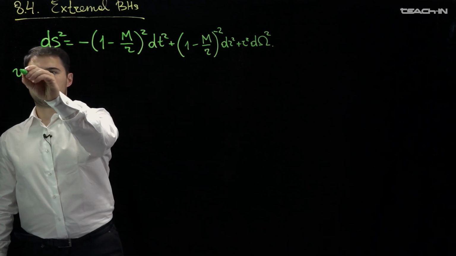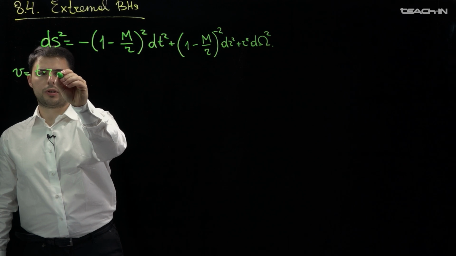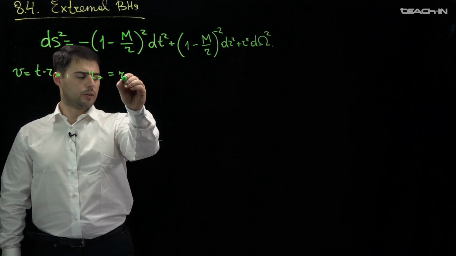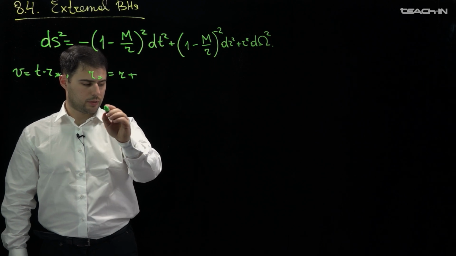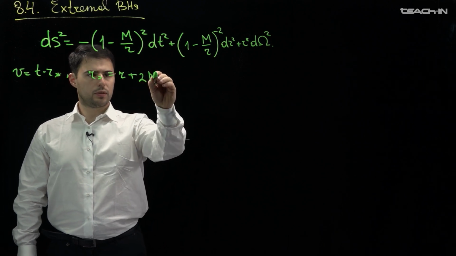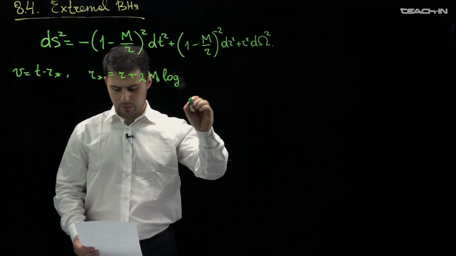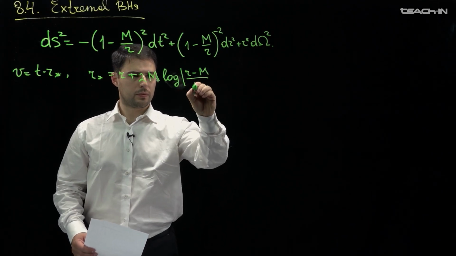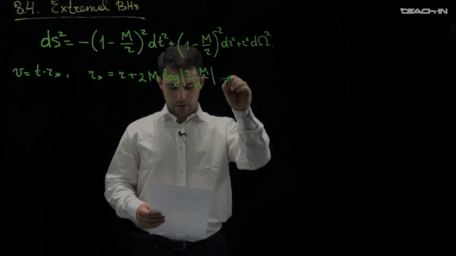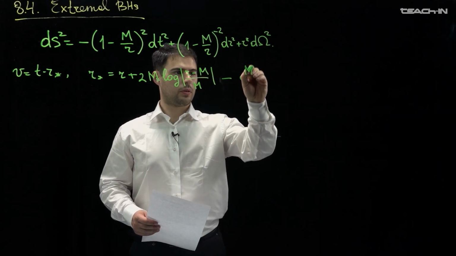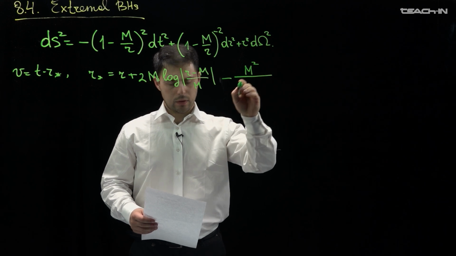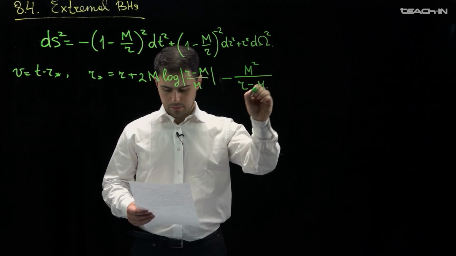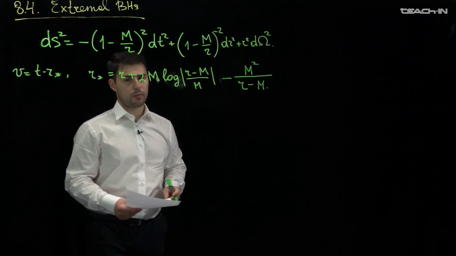We introduce v equals t minus r star, where r star is given by r plus 2m logarithm of (r minus m), minus m squared over (r minus m).